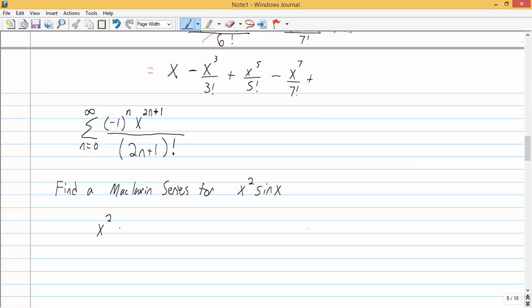So that would be x squared times this, and so we have the same base with different powers, we just add the powers. So that would be negative 1 to the n times x to the, what would that be then? 2n plus 3.